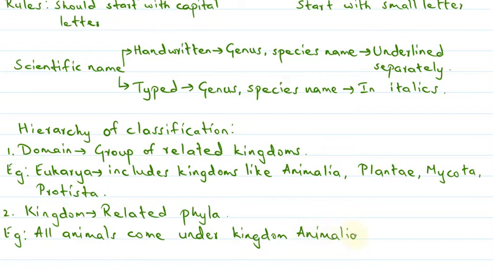So different phyla that come under Animalia are Porifera, Coelenterata, Ctenophora, Platyhelminthes, Aschelminthes, Annelida, Arthropoda, Mollusca, Echinodermata, Hemichordata and Chordata. So these are different phyla that come under the Animalia kingdom.